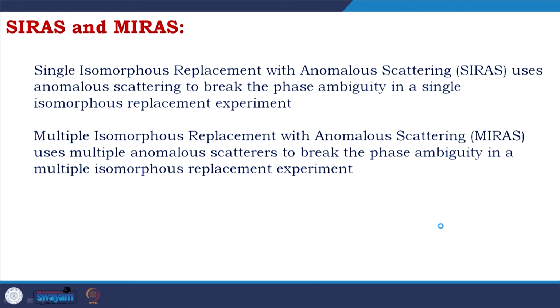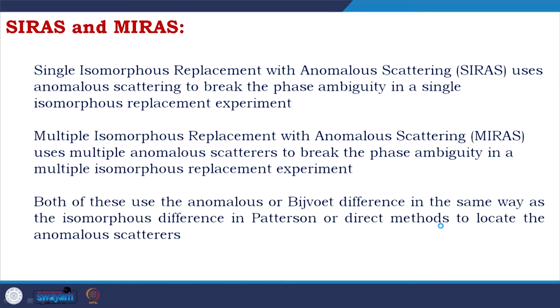Multiple isomorphous replacement with anomalous scattering is MIRAS. It uses multiple anomalous scatterers to break the phase ambiguity in a multiple isomorphous replacement experiment. Both of these use the anomalous or Bijvoet difference in the same way as the isomorphous difference in Patterson or direct methods to locate the anomalous scatterers.